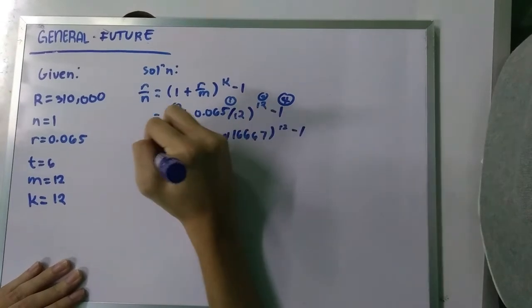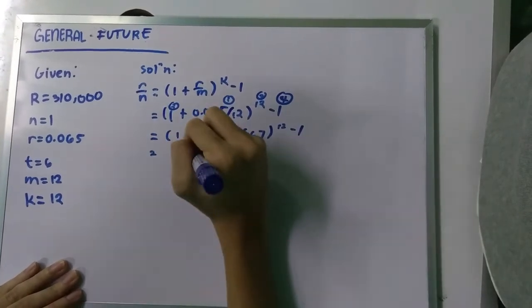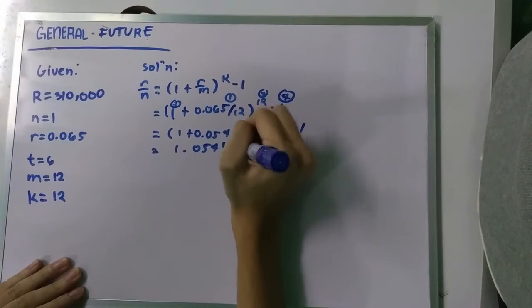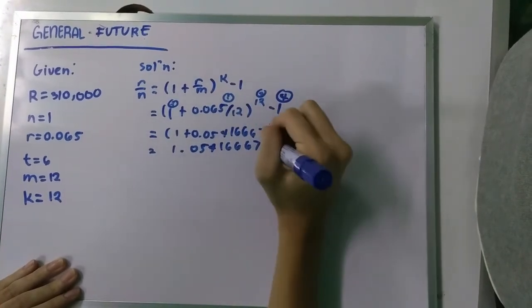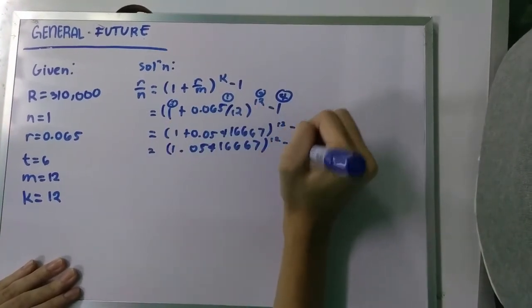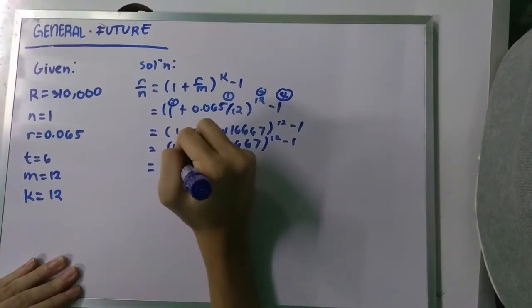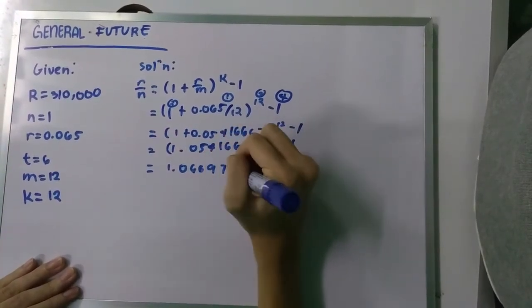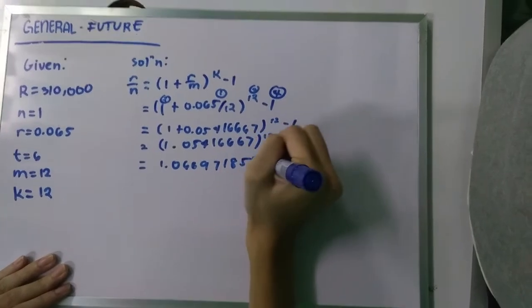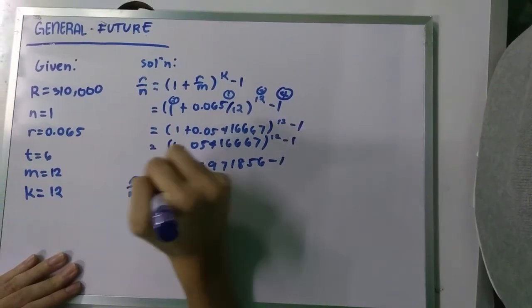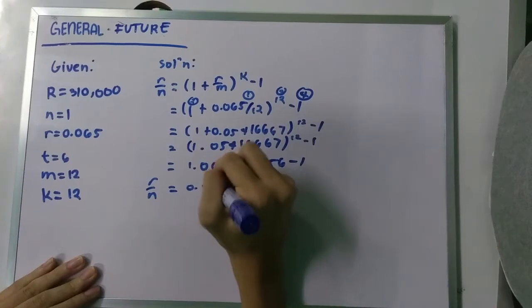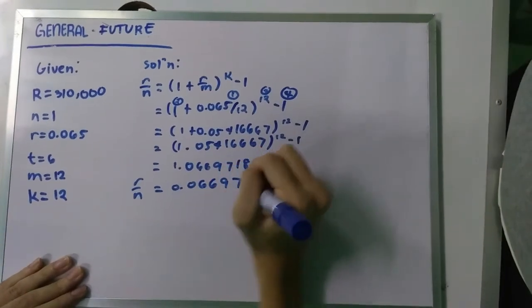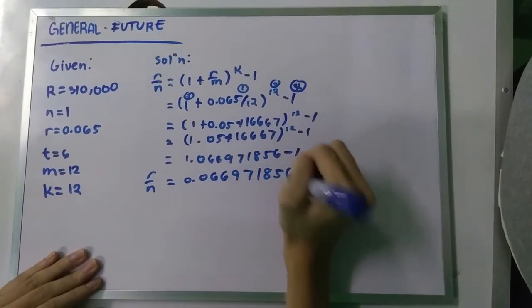Add that to 1, it then becomes 1.0054166667. Raise that to the power of our K, which is 12. We have 1.066971856. And lastly, subtract 1, then our R over N is 0.066971856.